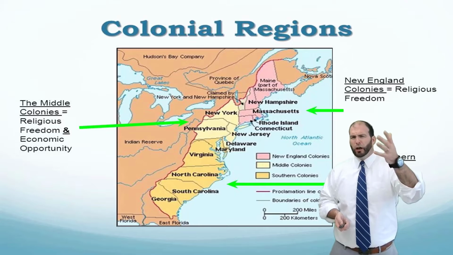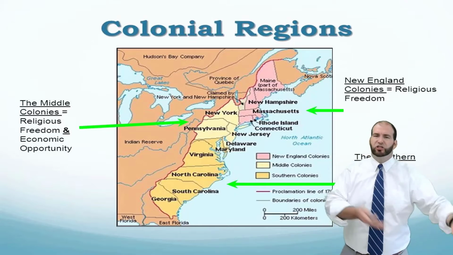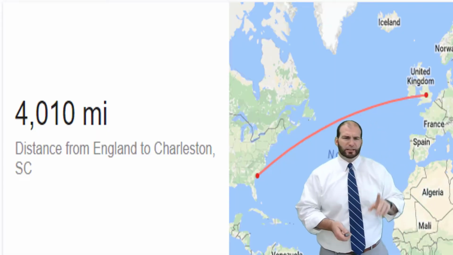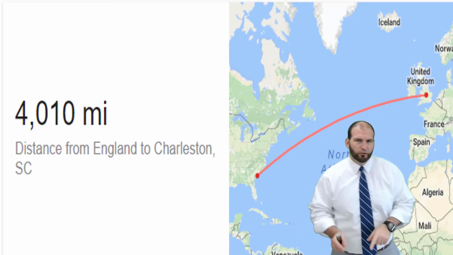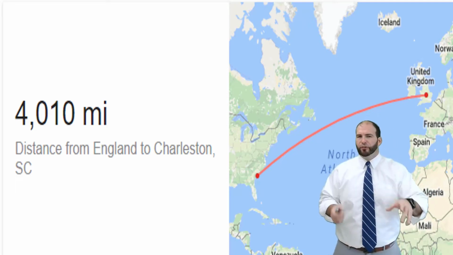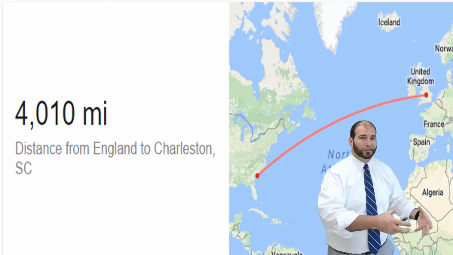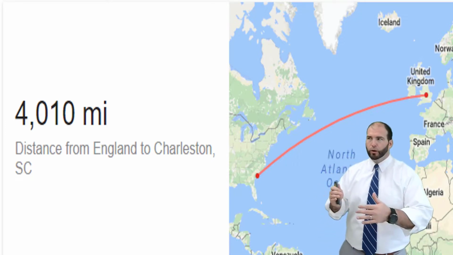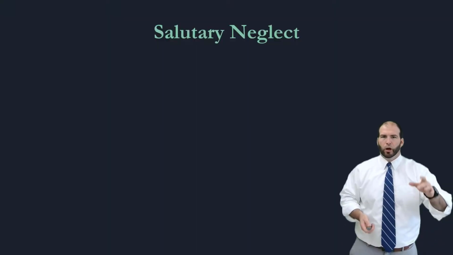So England had owned the colonies since the beginning, since Jamestown and these other colonies had come out. The difference is that England is over 4,000 miles away from the East Coast, what is present day America, which leads to a very unique relationship between England and the United States in the New World that was not the same with a lot of England's other colonies, other things they owned around the world.